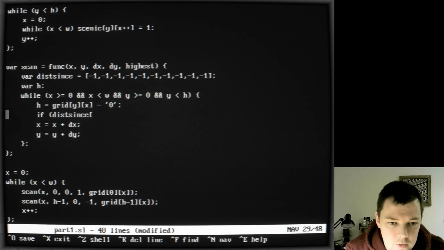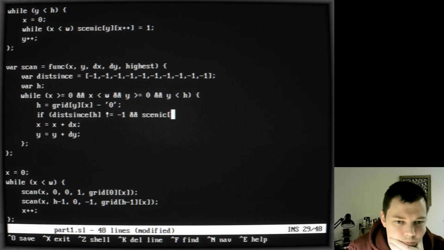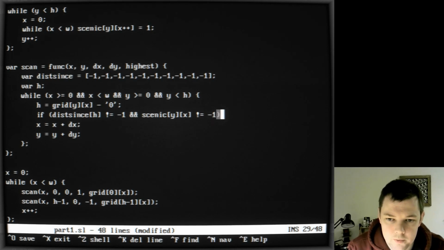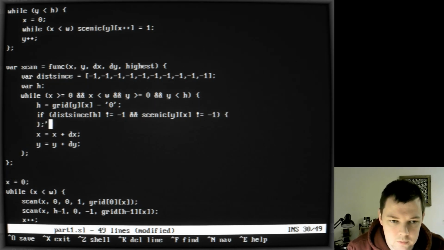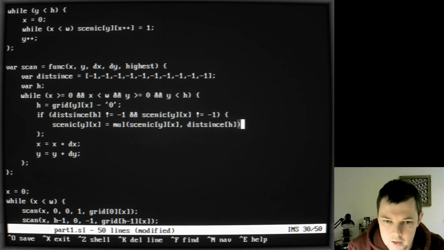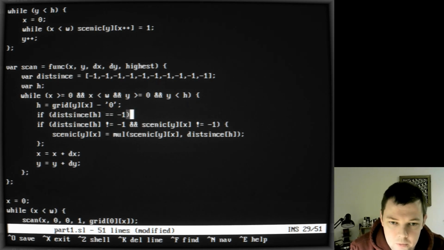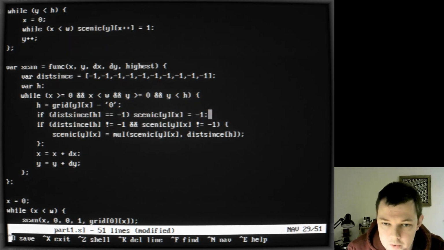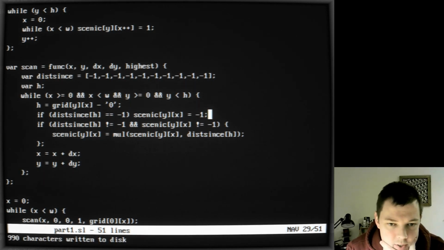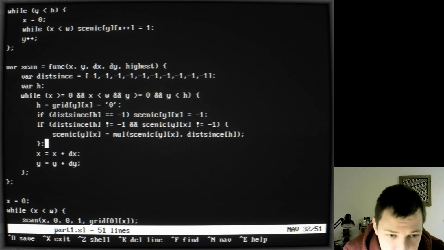If the distance since a tree of height h or greater is not equal to -1, and scenic yx is not equal to -1, scenic yx is multiplied by distance since h. If distance h is -1, scenic yx is -1, because if distance since the height is -1, it means we haven't encountered it yet. So that tree is visible from the outside.